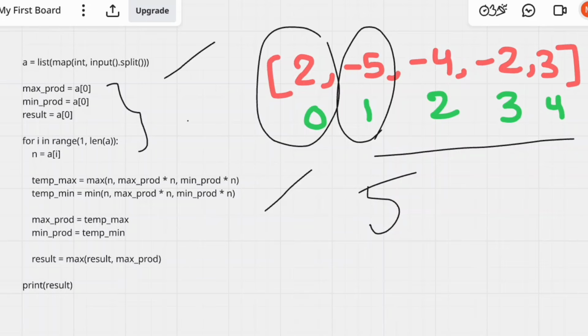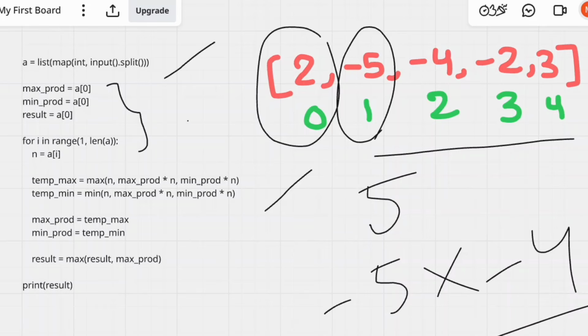I already explained the reason behind considering the min product, because a minimum value can become maximum when multiplied with a negative number. Like we have minus 5 into minus 4. This is 20. So it becomes a positive value.